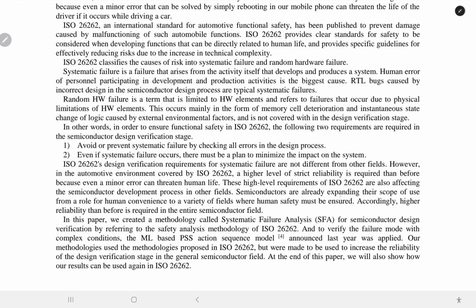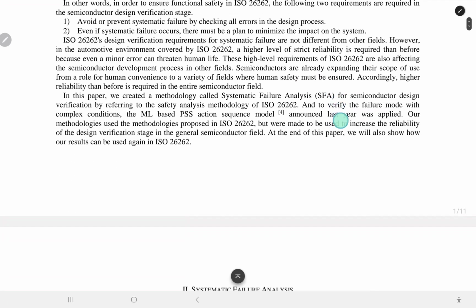Semiconductors are already expanding their scope of use from a tool for human convenience to a variety of fields where human safety must be ensured. Accordingly, higher reliability than before is required in the entire semiconductor field.